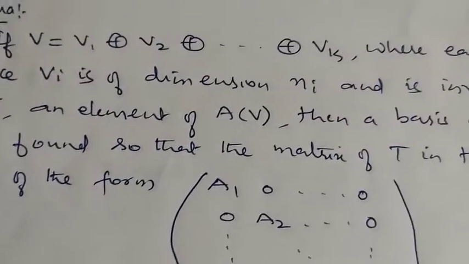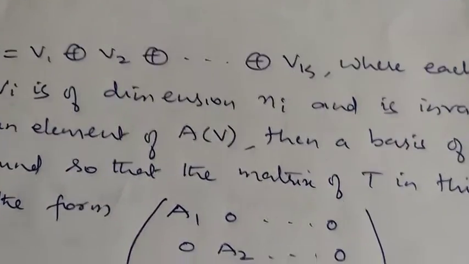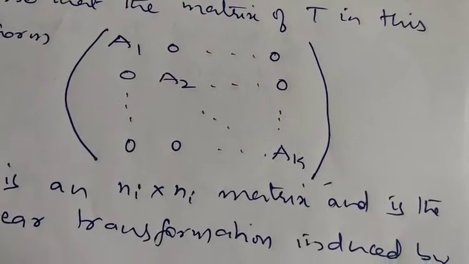So, if V is the direct sum of these subspaces, then we have this result.